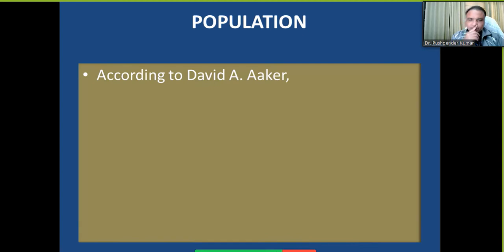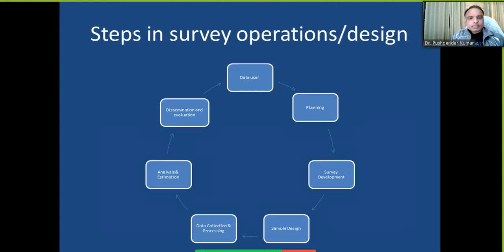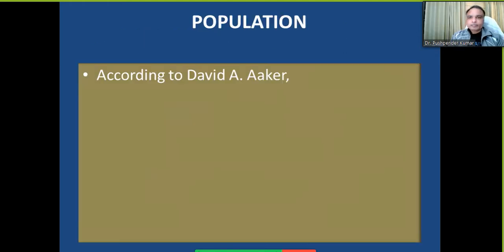Now, very quickly, because I'm not going to discuss this in detail, I hope you understand, because we already have discussed research methodology and research process. So this is similar to a research process, except that here we have survey development, and this whole process we have discussed in our research design.